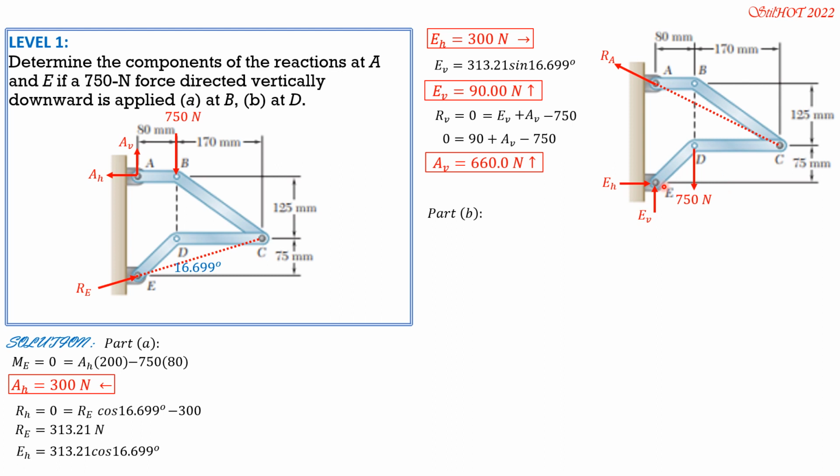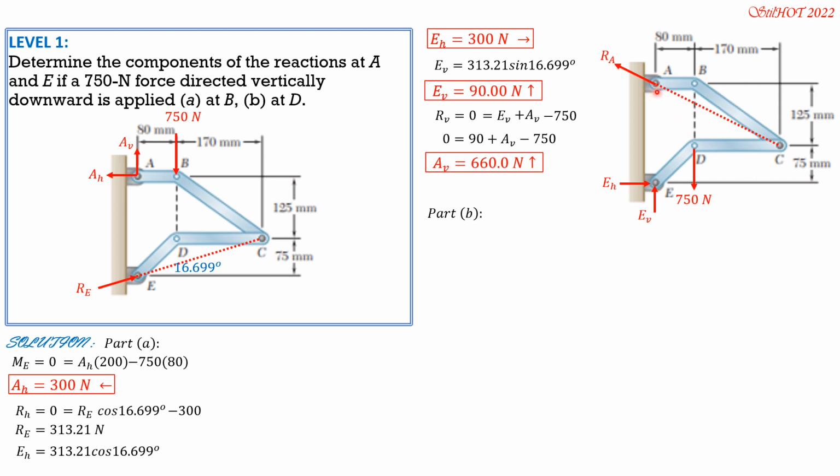And also, do not just assume, you just anticipate the direction. Anyway, if you do not think of that, then you just put two reaction components, then just analyze. Then if they are positive, the assigned direction should be correct. If negative, then you just reverse it. But make sure that the static equation is correct.